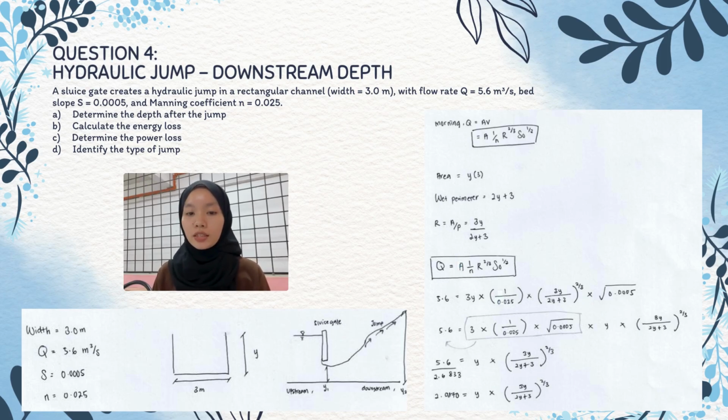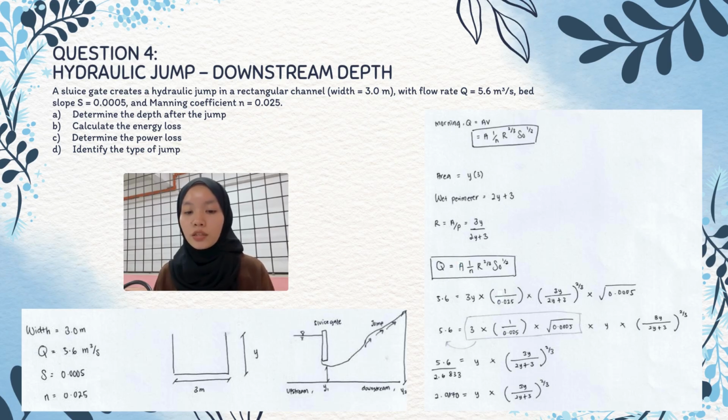The data given is width 3.0 meters, Q equals 5.6 cubic meters per second, slope 0.0005, and the coefficient is 0.025.